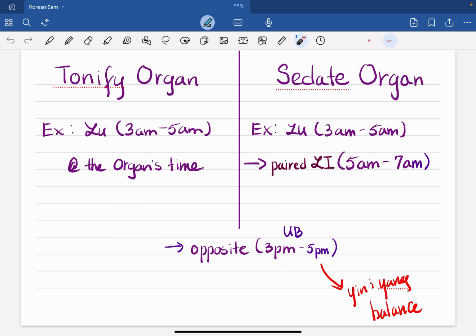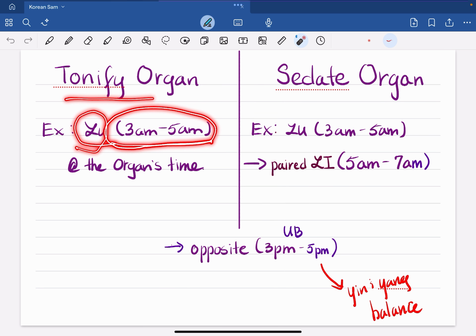So anyhow, when you want to tonify the organ, we understand the organ's time is when it's at its peak level. So the lungs organ time that we're given is going to be 3 a.m. to 5 a.m. So if you want to tonify the organ, what do you do? You needle at the organ's time when it's at its peak.